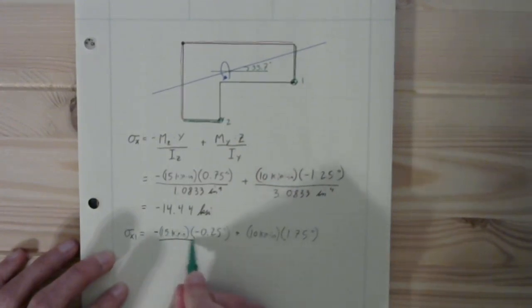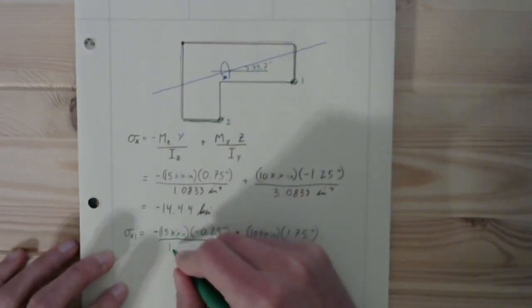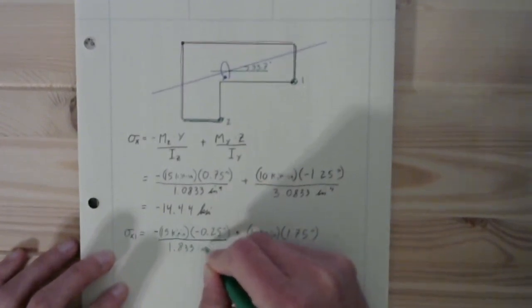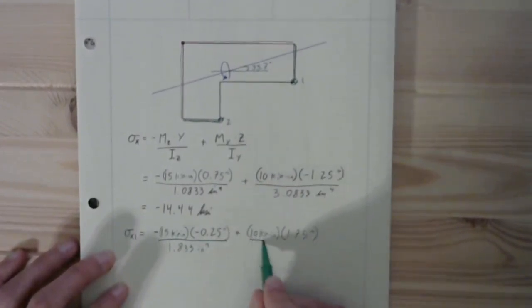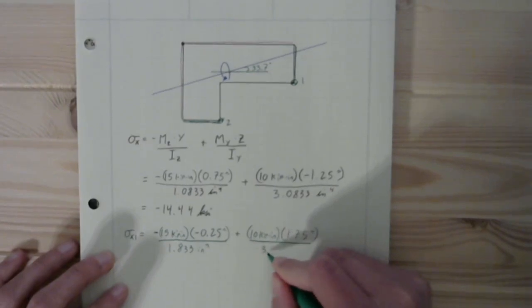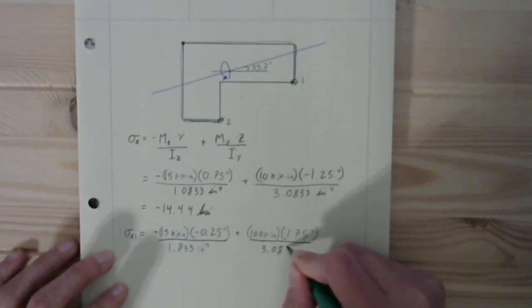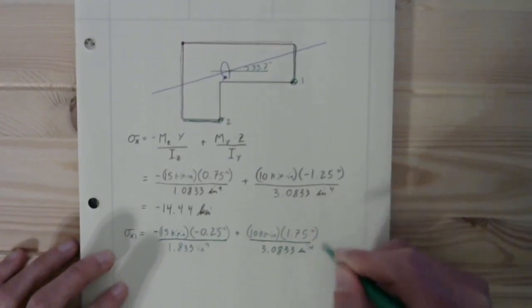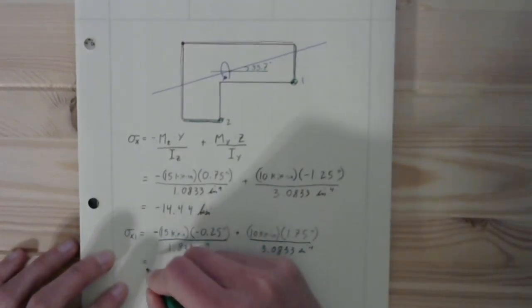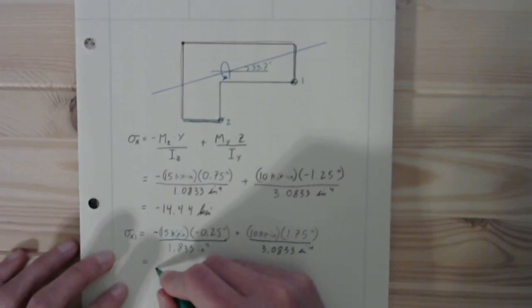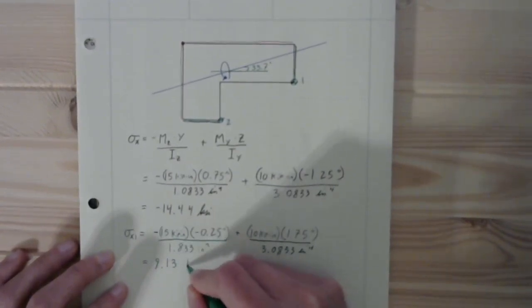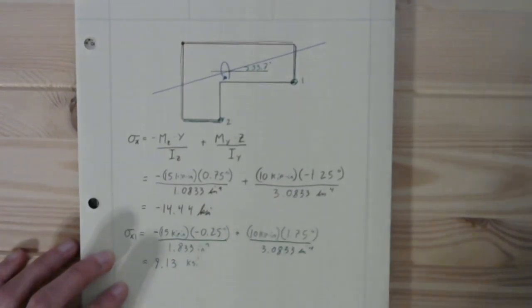Let's divide these by our second moments of inertia, 1.0833 inches to the fourth and 3.0833 inches to the fourth, and that is going to give us 9.13 ksi.